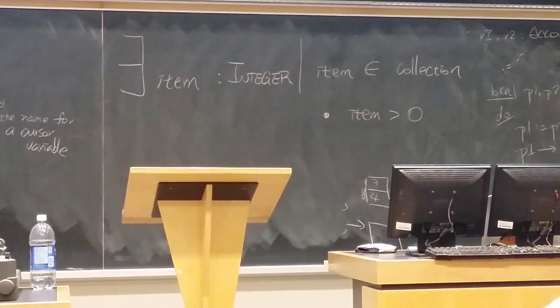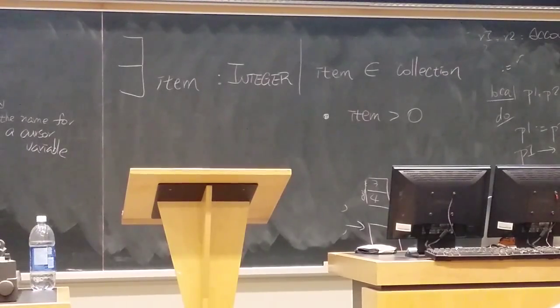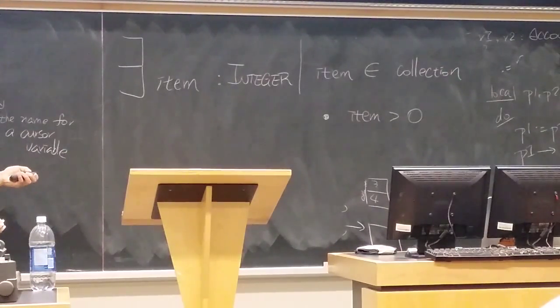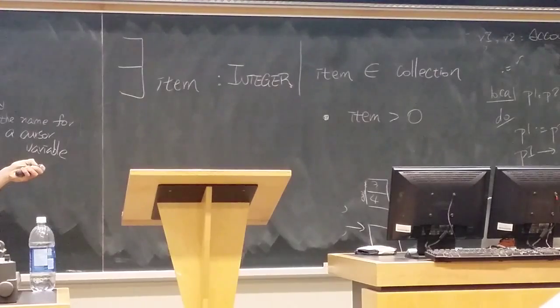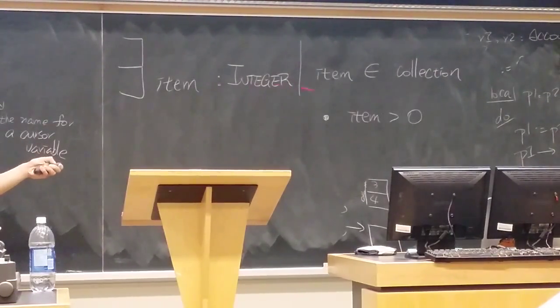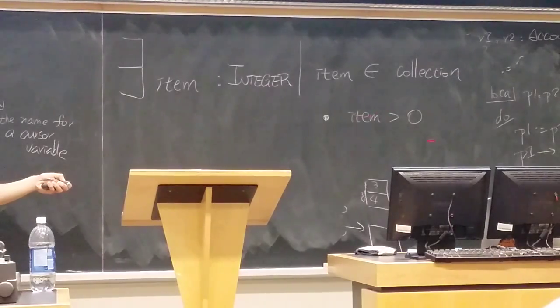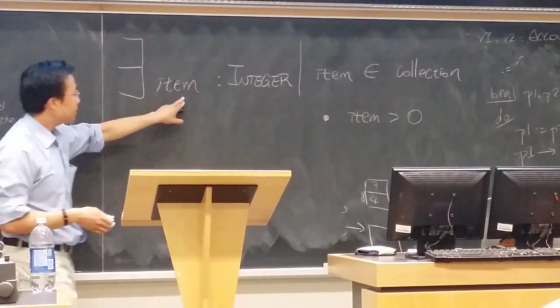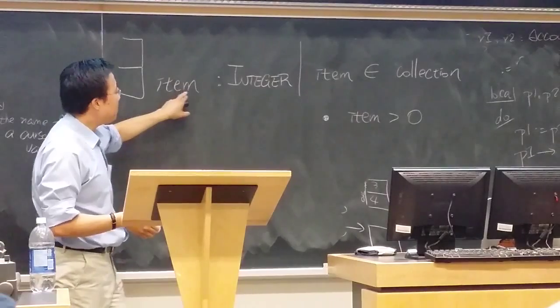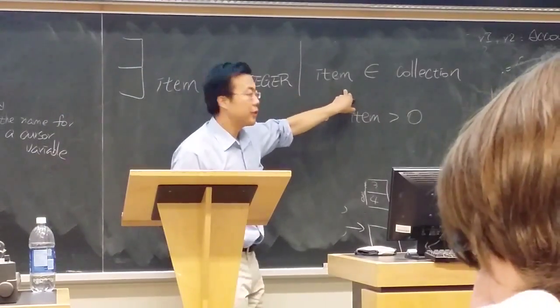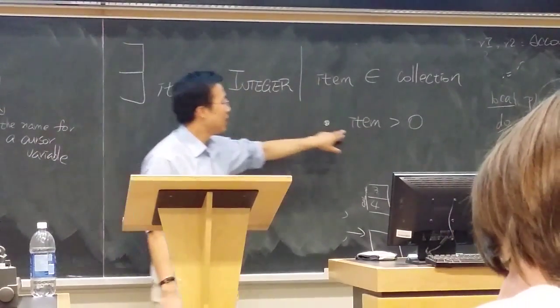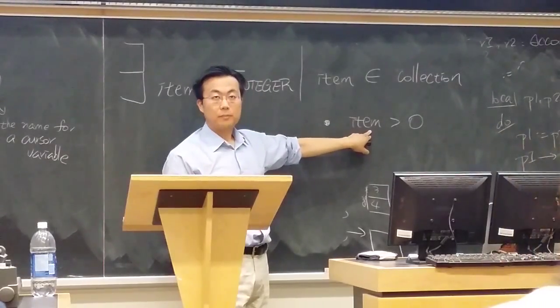Remember in the existential quantifier and the universal quantifier, you always have to say what's the type of the dummy variable, and then what's the range of that dummy variable, and then what's the predicate you're trying to assert. We're trying to say there exists some member in the collection, which is of type integer, such that the item value is greater than 0, right?